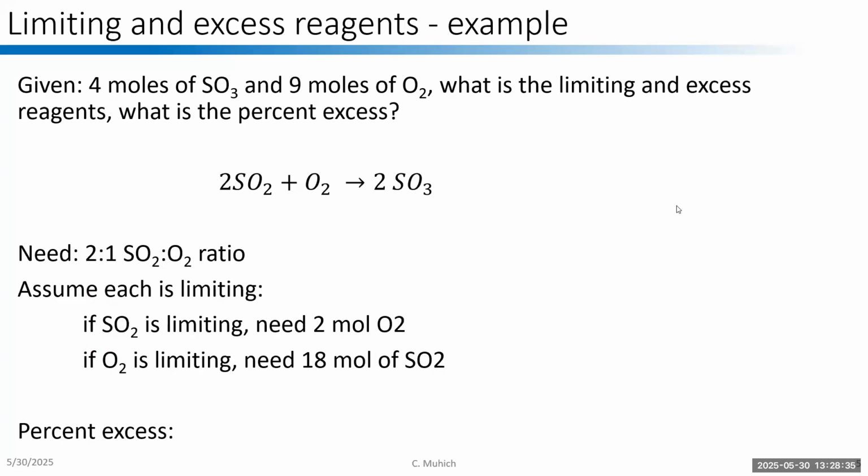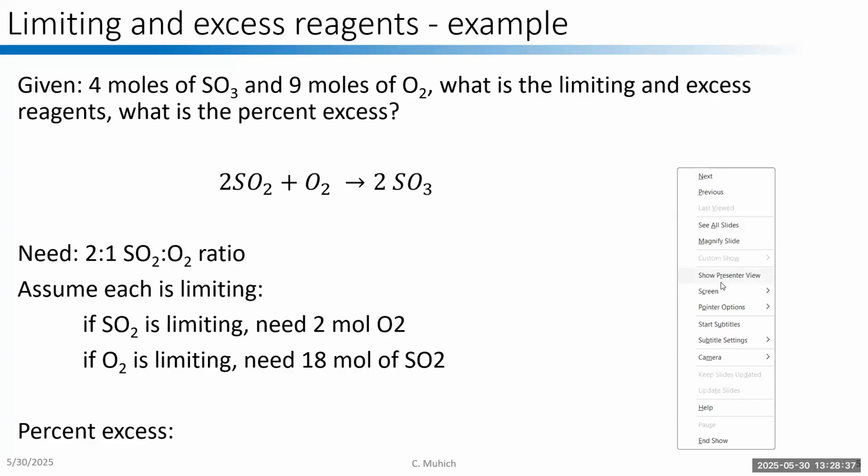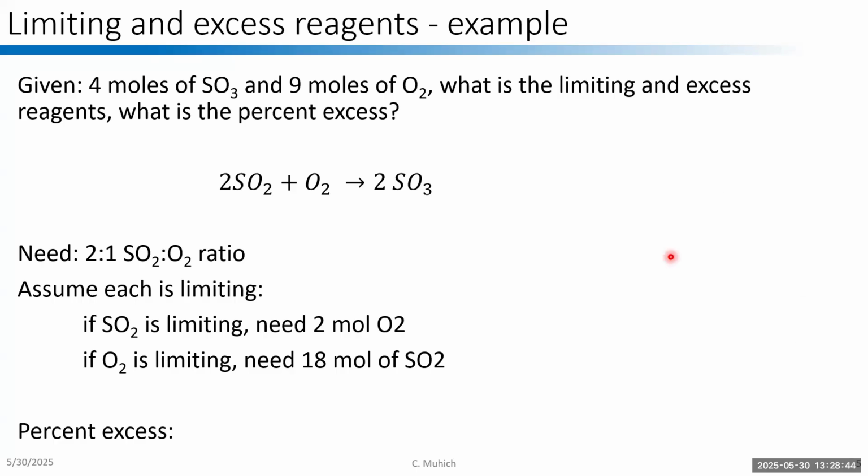If SO2 is limiting, I would need to have at least 2 moles of oxygen, but if oxygen is limiting, I would need at least 18 moles of SO2. I don't have 18 moles of SO2, so oxygen can't be limiting. Let's look at SO2. Do I have at least 2 moles of O2? I do. So that means that SO2 is limiting.